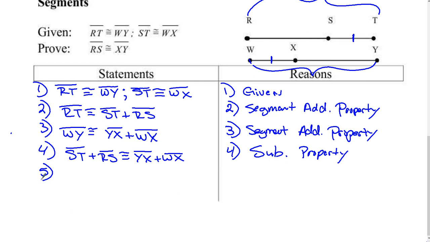It's going to be ST plus RS minus ST is equal to YX plus WX minus WX. So RS equals YX. Okay, so this is the work that I'm doing.